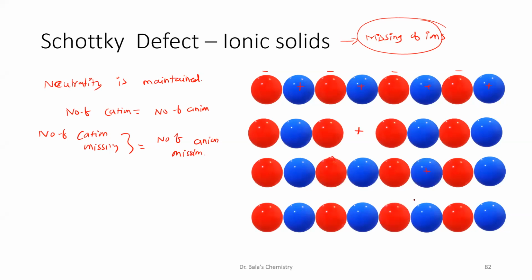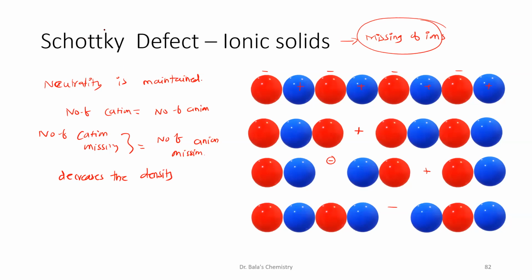So one positive ion missing, one negative ion missing, and here it decreases the density of the system. But it maintains the neutrality. The density of the system decreases because atoms are removed from the system.